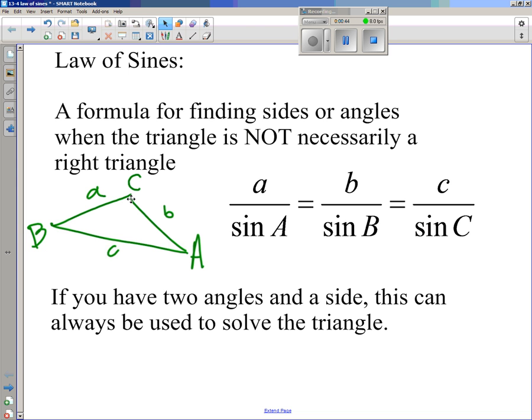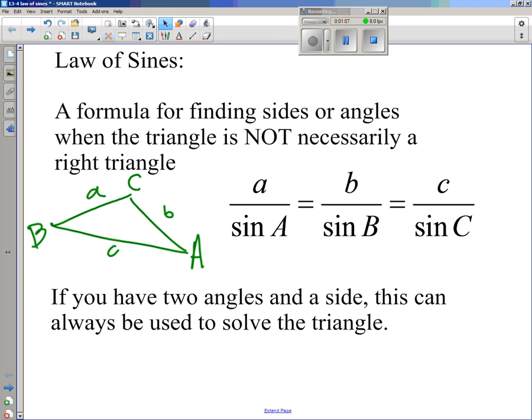It looks like a lot, but really we only use two at a time. So we might only use the A fraction and the B fraction, or the B and the C. So we only use one pair at a time, two of the three. So it's always like solving proportions in terms of what you have to do.